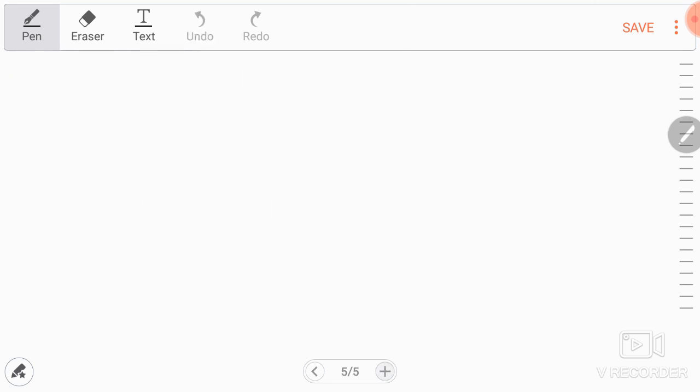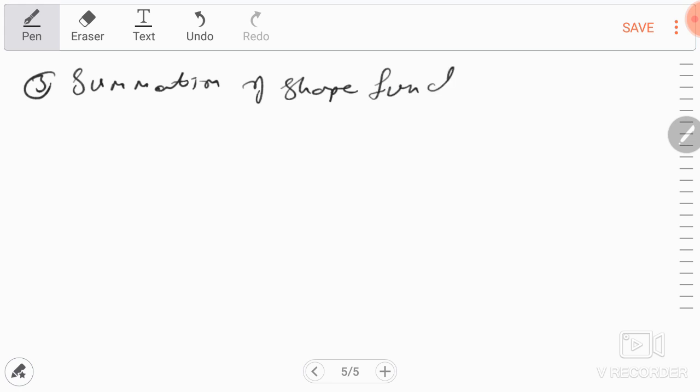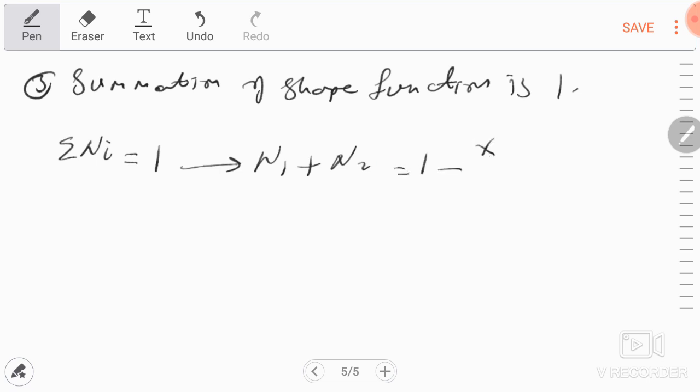So go to criteria number 3. Number 3 is called the summation of shape functions, which should be equal to 1. So the summation for all nodes of Ni equals 1. Here, N1 plus N2 equals 1 minus x over L plus x over L, which equals 1.